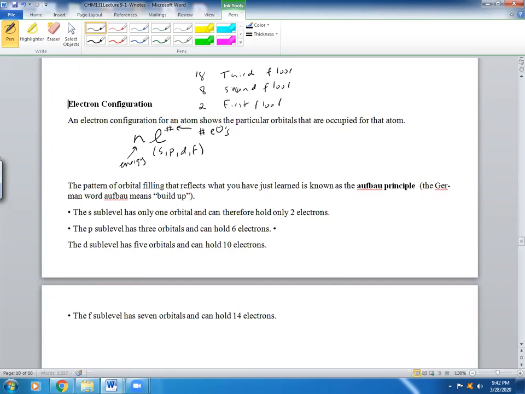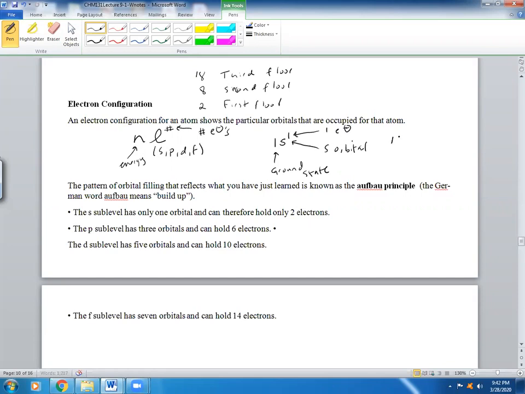This is the energy level. So I'm going to give you an example of this. If I say I have 1s1, that is the ground state. That is the s orbital. And that is 1 electron.